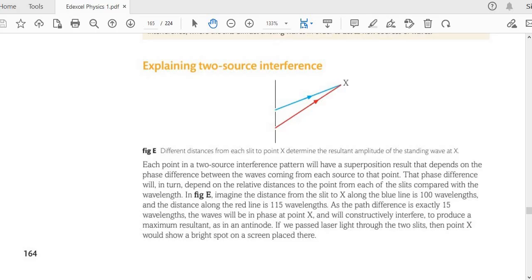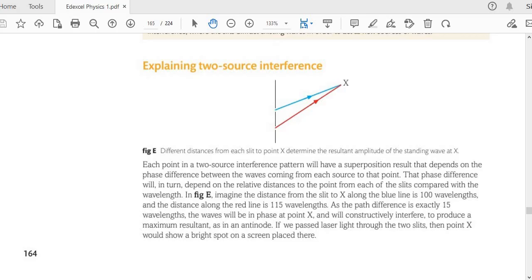But if you have the difference to be a natural number plus half, like 15 and a half, 12 and a half, so the difference will give you a whole number and a half, or just a half, in that case the crest and the trough meet. So we will have destructive interference.